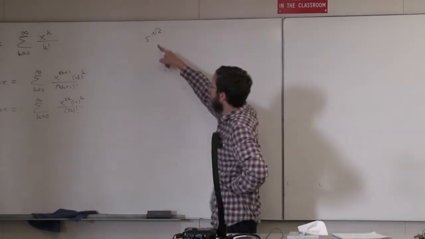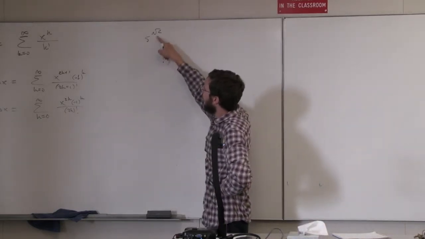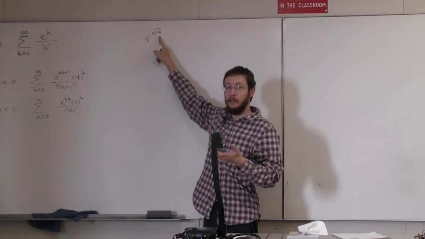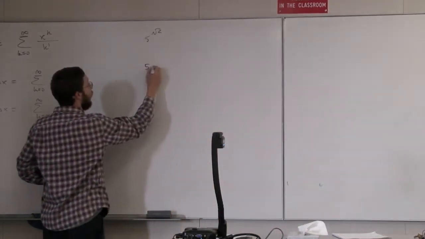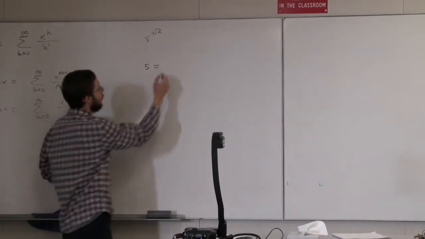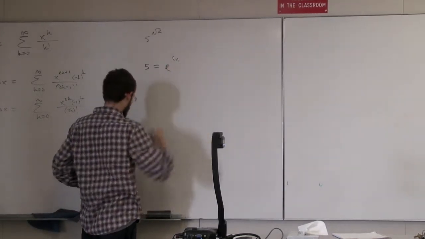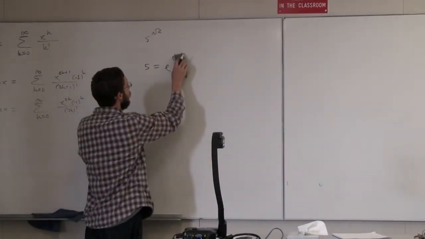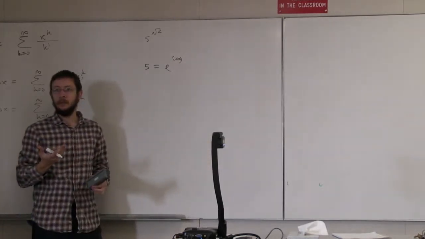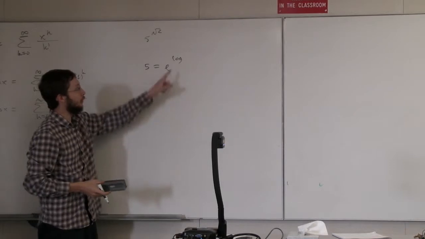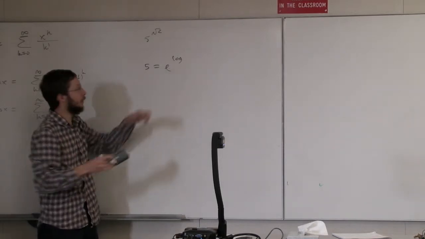The motivating idea here is that 5 to the square root of 2, we can rewrite this in terms of base e, right? We know that 5 is really the same thing as e to the natural log. I'm just going to write log here. Pretty much it's the only base that mathematicians ever use is base e. And so mathematicians will just write log meaning base e, okay?